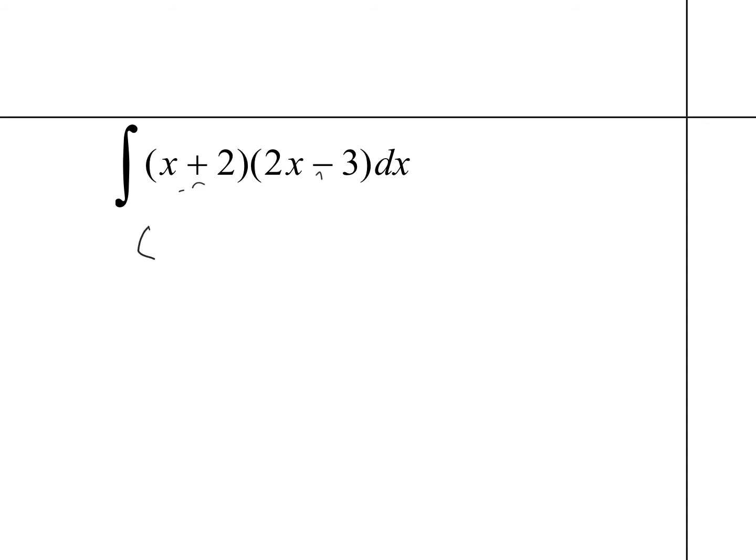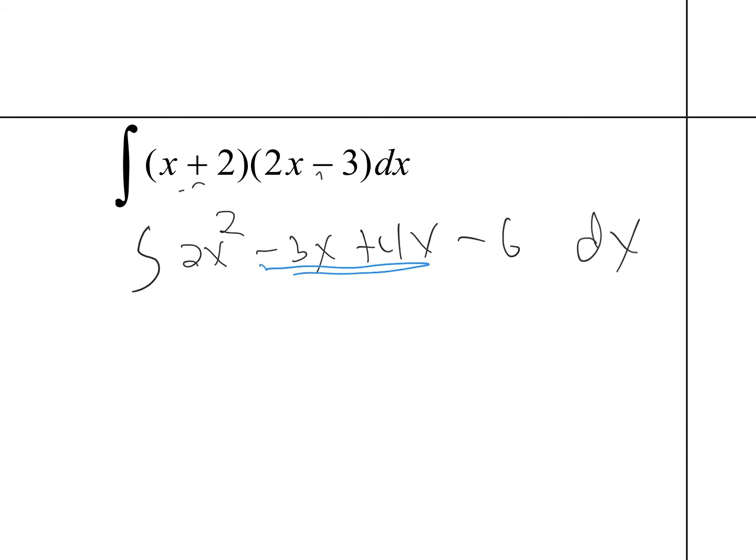So her rewrite becomes 2x squared minus 3x plus 4x minus 6. You can leave it like that, but I know Jillian's not that way. She's going to say, I need to probably simplify that. But she doesn't have to. If she didn't want to, it'll still work out. 2x squared plus x minus 6.